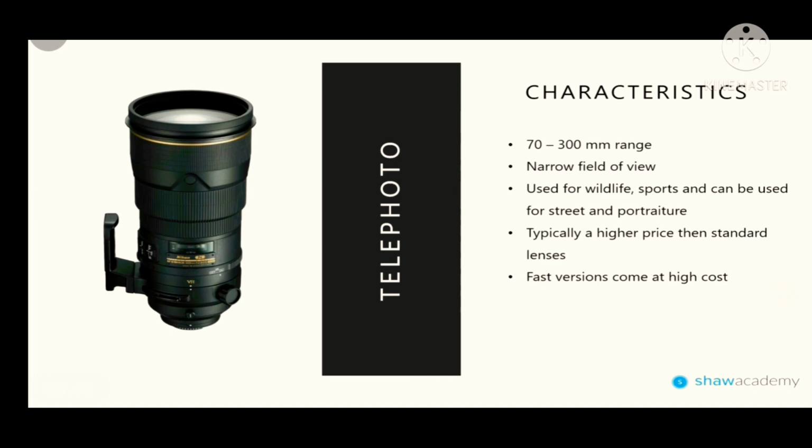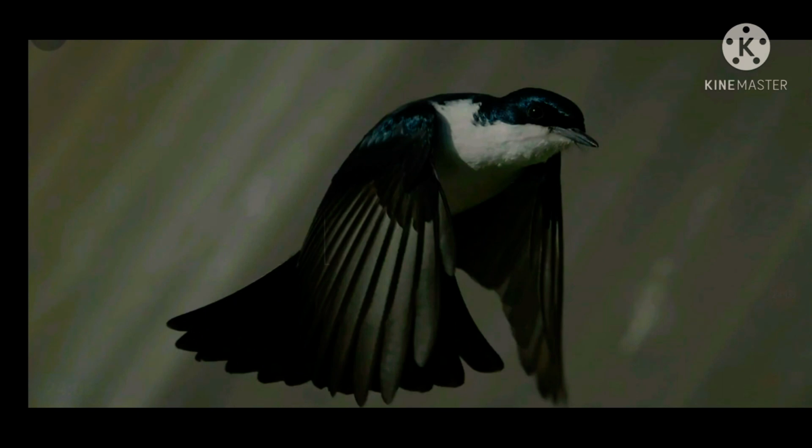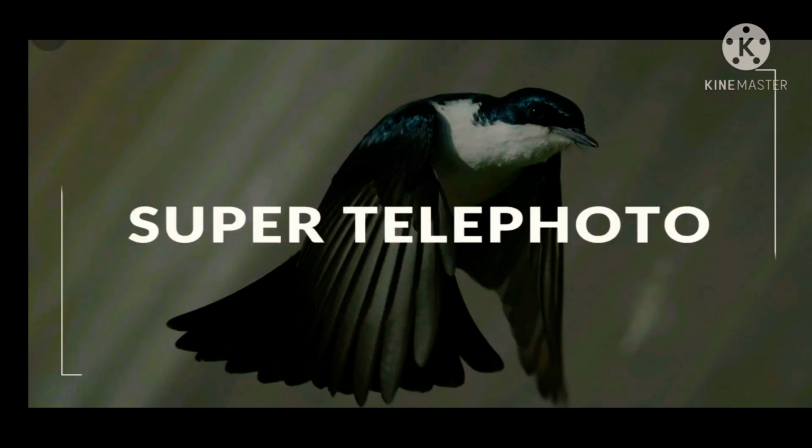So you'll be paying thousands of dollars for a fast version of a telephoto lens. And as I mentioned, they can be tricky to use. They can also be very heavy to use as well. And because you have a longer focal length, they are more prone to getting camera shake. It can be very hard to keep these steady when you're hand holding them.